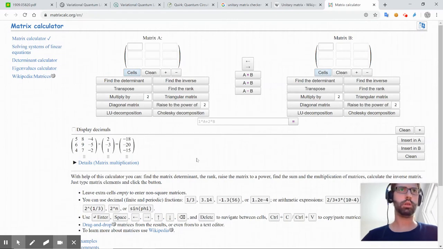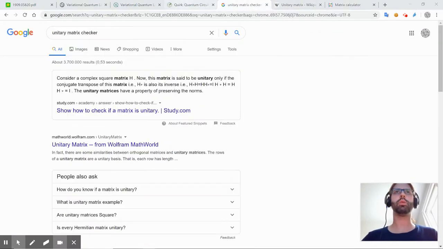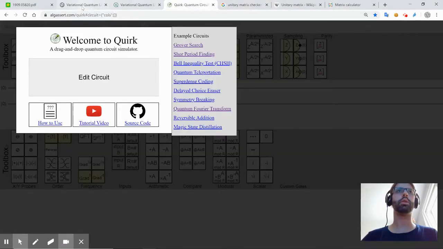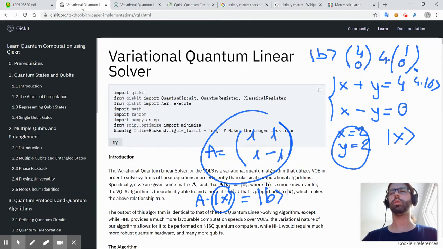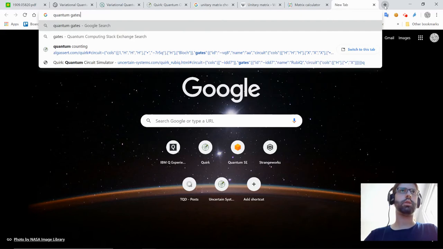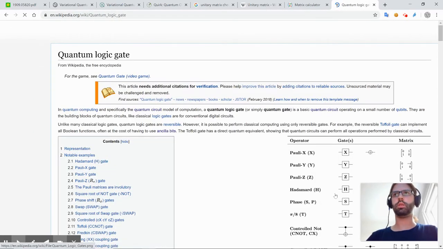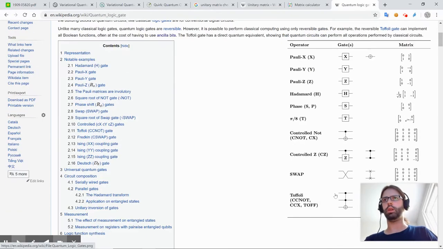Interesting. Whatever. Let me see. I wanted to check one thing, and I forgot. Oh yeah, the quantum gates. So quantum gates. Wikipedia. Quantum logic gates. Okay, let's see.